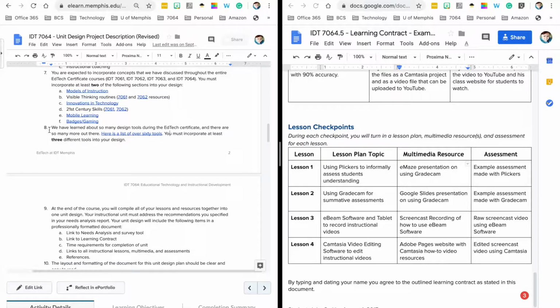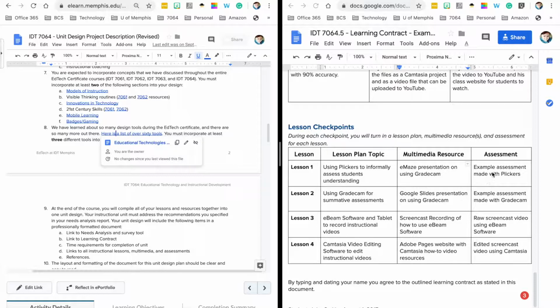Number 8 says you must use at least 3 different tools in your design. We've given you a list of over 60 tools, and we've talked about so many different ones throughout the EdTech certificate. So you need to pick one for each topic and start thinking about how you would use it during your lesson.